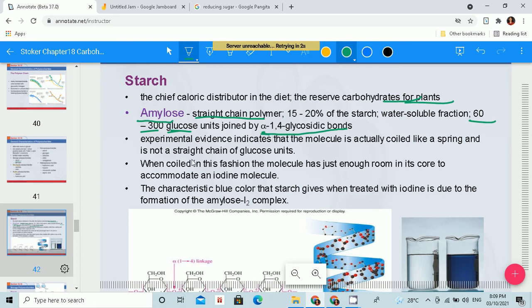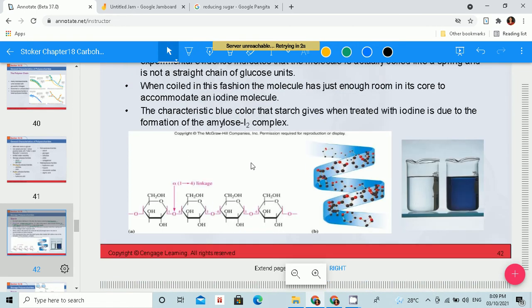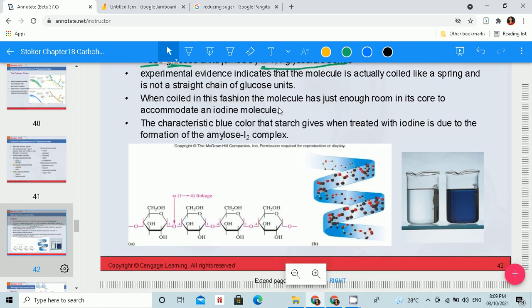Experimental evidence indicates that the molecule is actually coiled like a spring and is not a straight chain of glucose units. The amylose is not a straight chain but rather coiled, but again, it's unbranched.